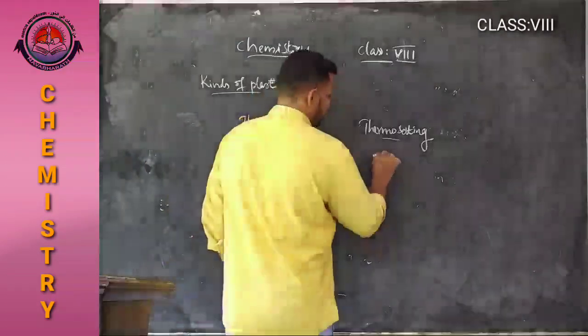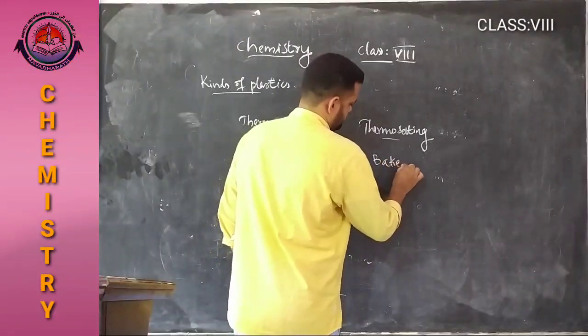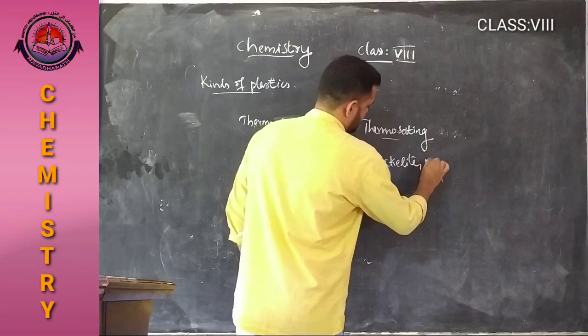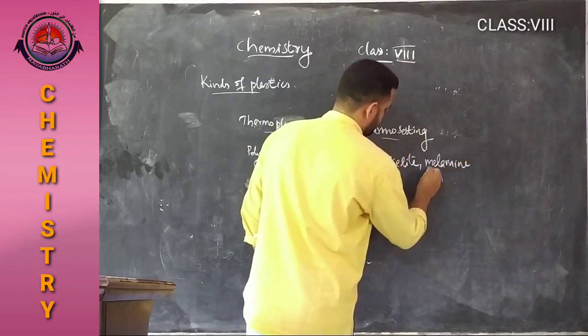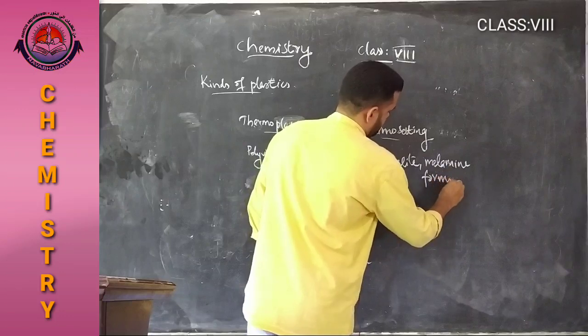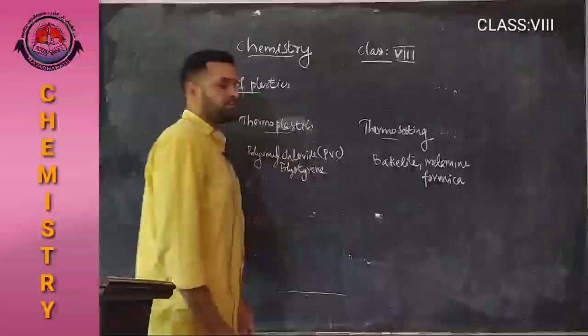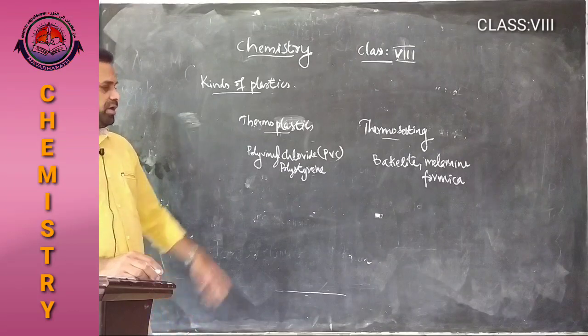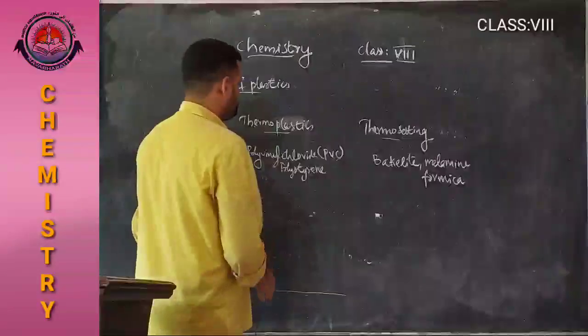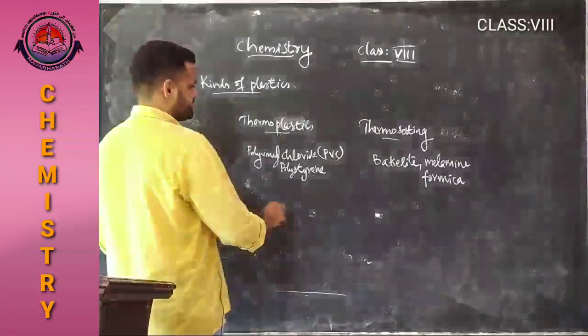Examples are bakelite, melamine, formica. All these are examples for thermosetting plastics. Now, let us see the differences between thermoplastics and thermosetting plastics.